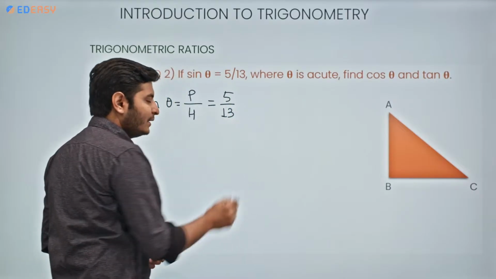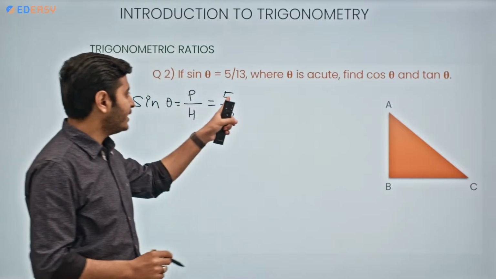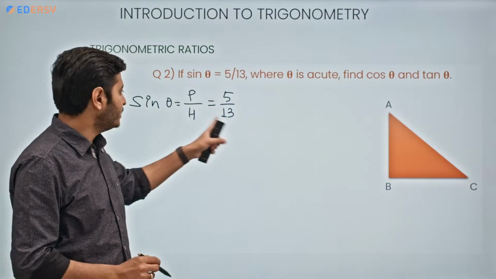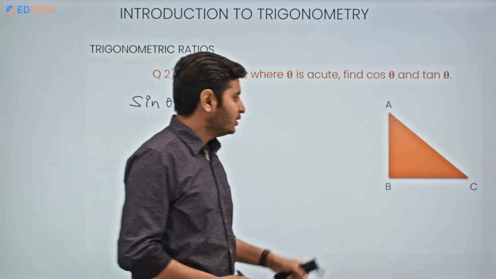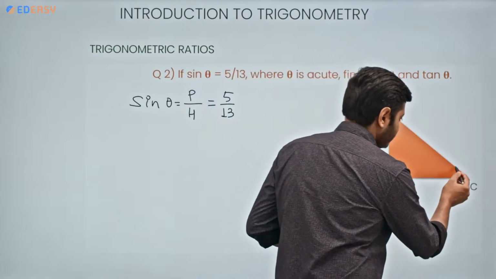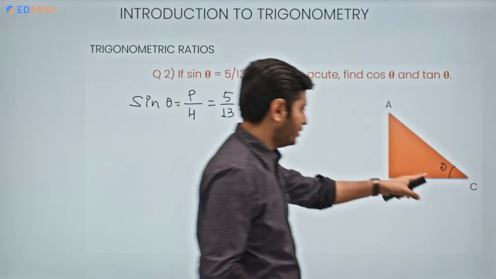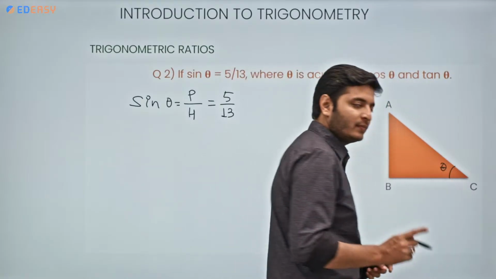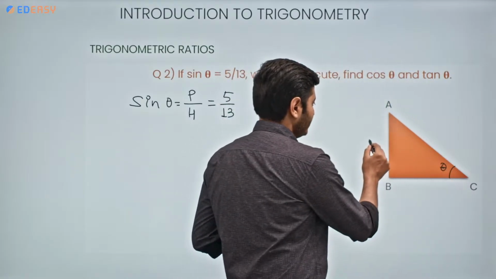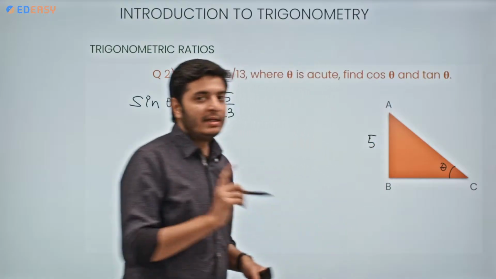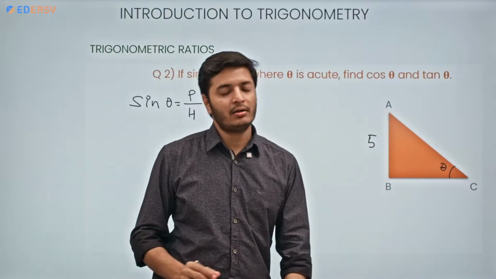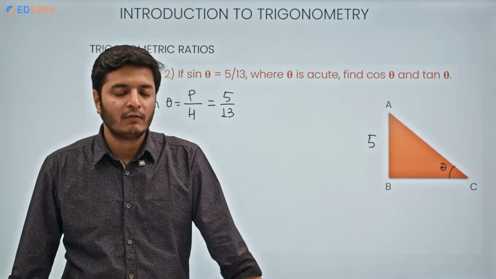So, we can relate, correct? So, 5 is the value of P, 13 is the value of H. So, suppose this is the angle, this is theta. The perpendicular with reference to angle C is what? AB. AB is 5. Please don't write centimeter in front of 5. Why?